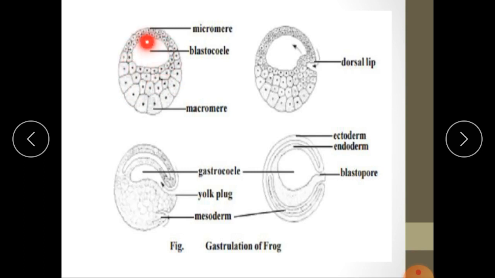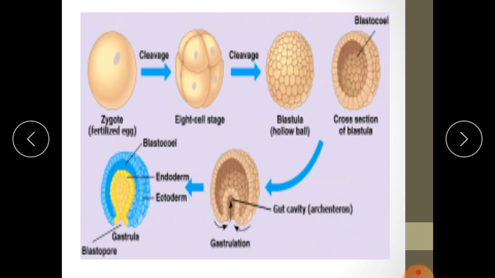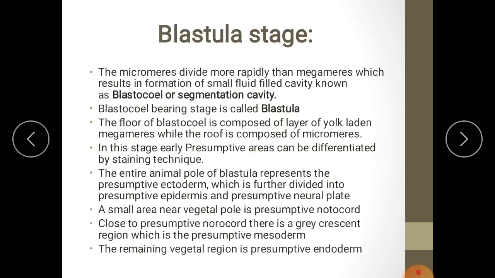These cells secrete fluid, and that fluid is collected at the center, and therefore this fluid-filled cavity is called the blastocoel. And this is the blastula stage. So the blastocoel-bearing stage is called the blastula.